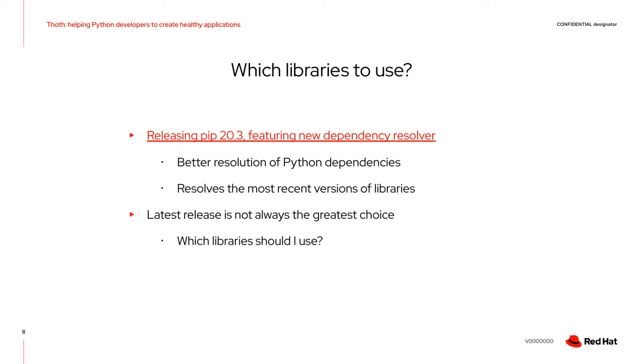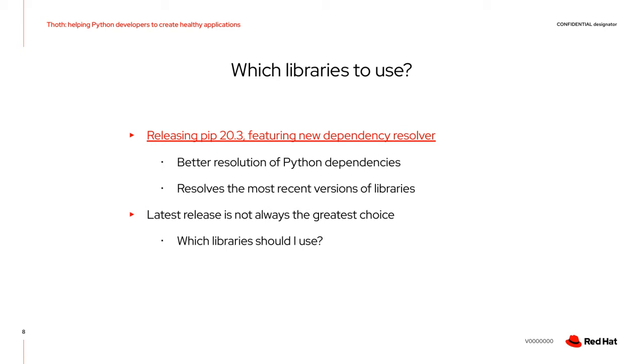If we consider all these aspects that we talked about earlier, then we need some smarter picking, as the latest software picked by pip is not always the greatest choice. I think there is no need to mention the issues with the most recent releases that break software.